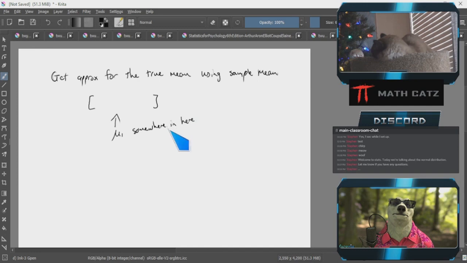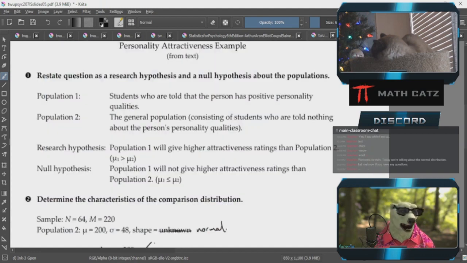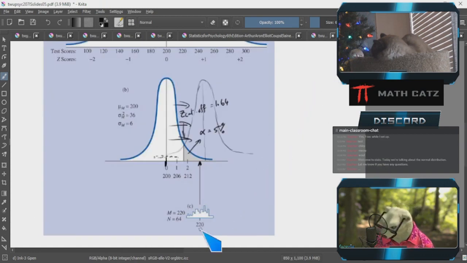Somewhere in here. We don't know exactly where. The best we can really do is to build this around our sample mean, M. Now, what was M? M was, I believe, 220. Let's double check. Yeah, it's over here. M was 220.